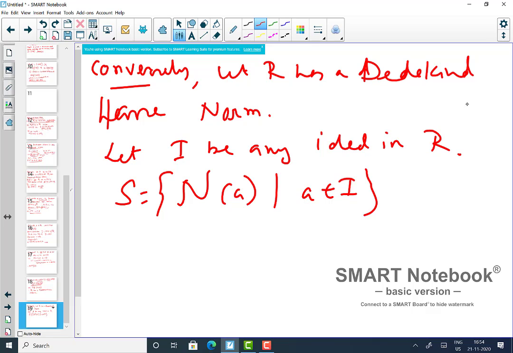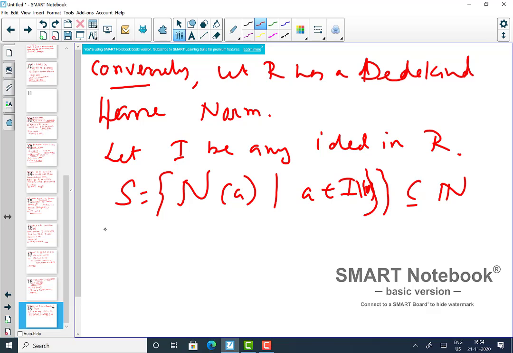Because R has a Dedekind-Hasse norm, right? So A belongs to I minus 0, so this is a positive norm. So you choose every non-zero element and take this thing, right?